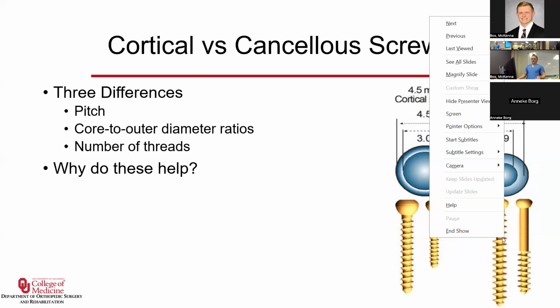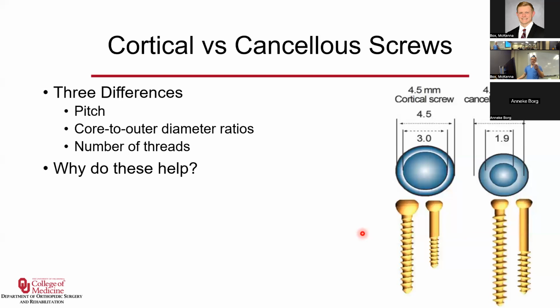You'll be able to see later when we get the screws out, there are some cancellous screws over there. If you pull those out and compare them to the cortical screws, you'll be able to see these differences. It's also the core to outer diameter ratios. For the cancellous screws, you're going to have more thread height, so your core diameter is going to be lower versus your total outer diameter.